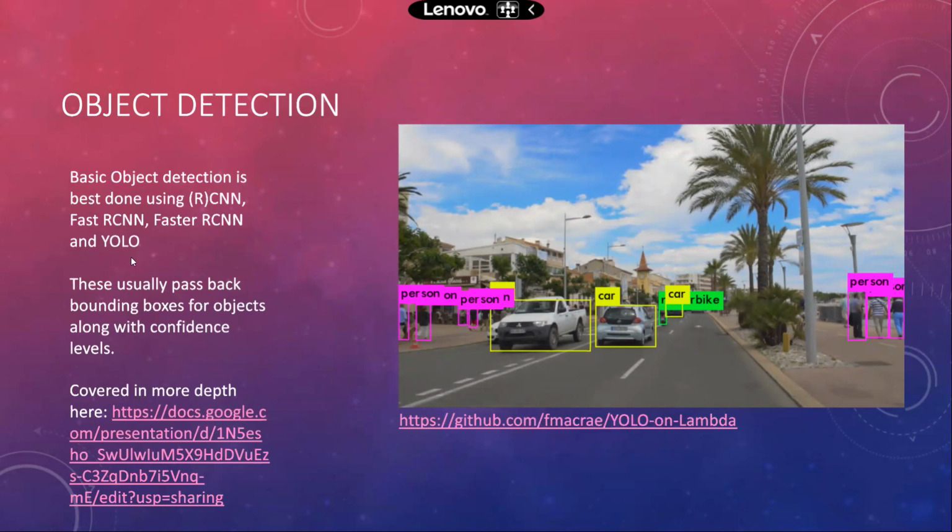YOLO is actually a wee bit smarter than that. It stands for You Only Look Once, and it parses the entire image in one single pass. It has a whole bunch of different boxes and does a prediction for each box.